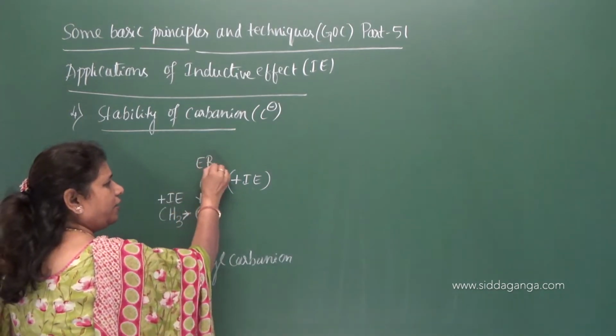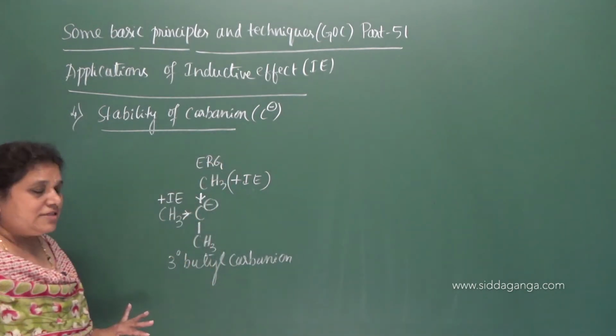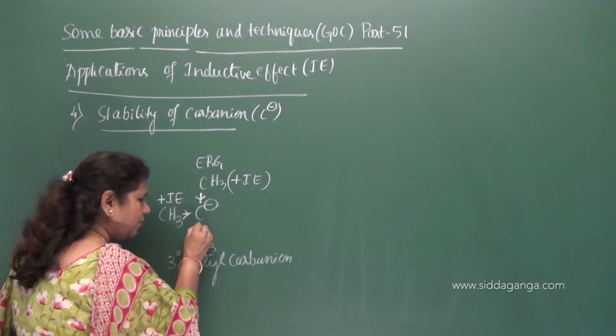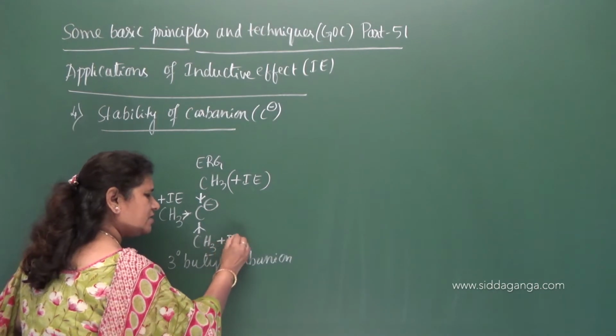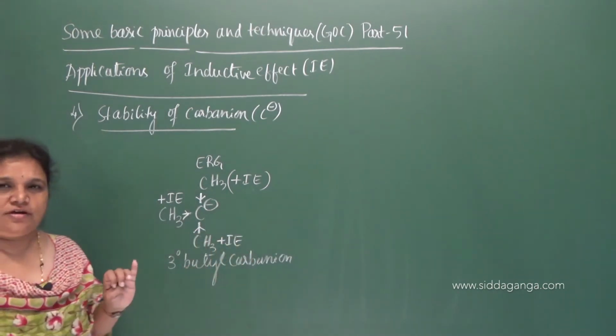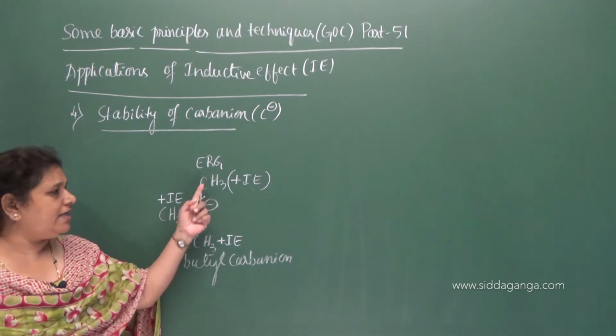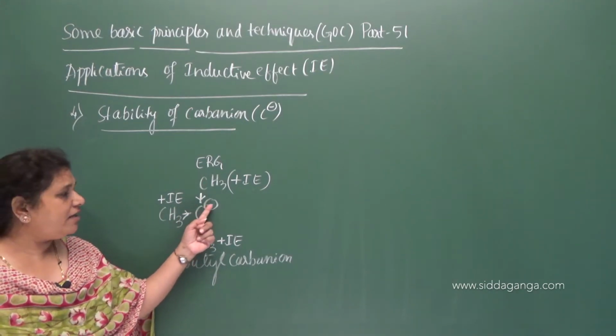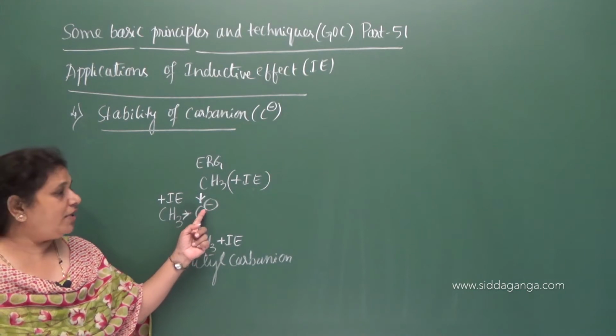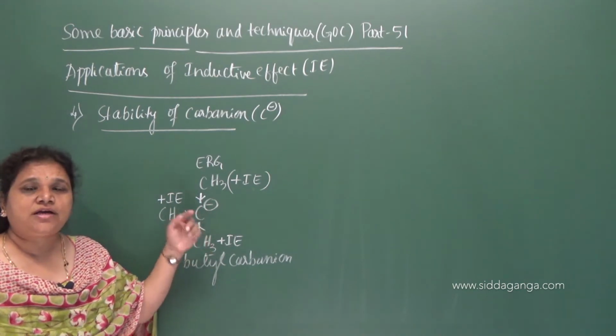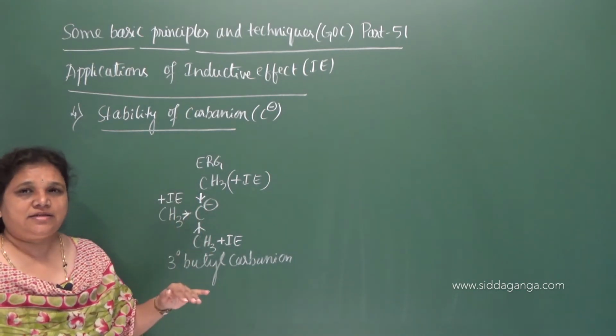Similarly, another methyl group is there that also exerts positive inductive effect. So here, if one methyl group is present, it releases the electron, thereby increasing the negative charge. When there is an increase in the negative charge, stability decreases, correct?